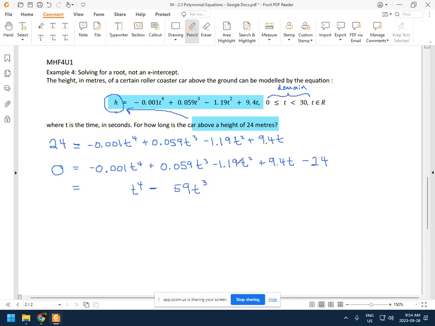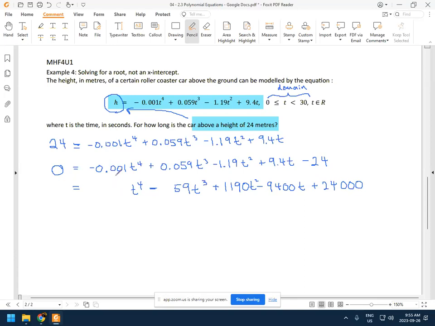Negative 1.19 divided by negative 0.001 is a positive 1190. Following suit, that's a negative 9400. Oops, I forgot a t squared. And this is negative 24,000 equals 0. The numbers are very big, but at least I don't have any decimals anymore.